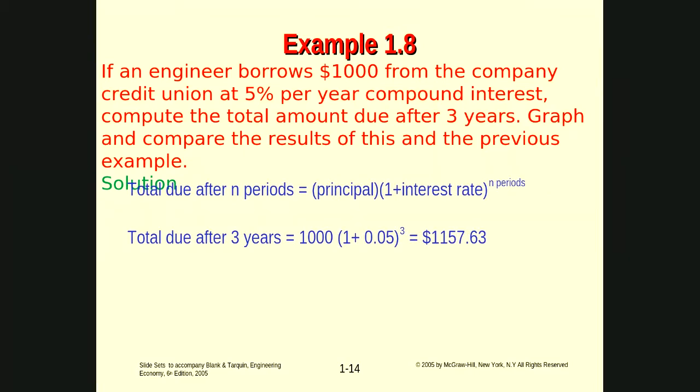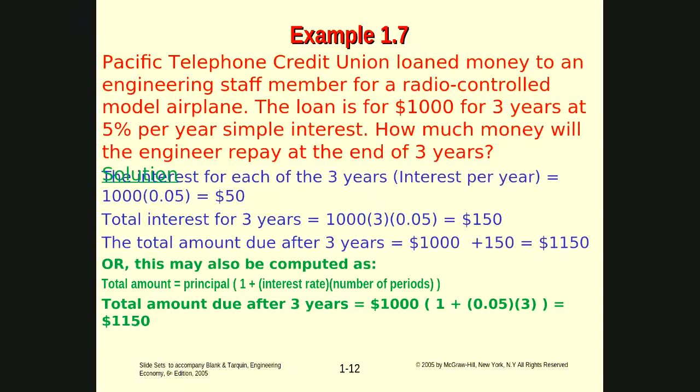When you apply the formula, the principal is the 1000, the interest rate is 0.05, to the power n periods, which is to the power 3, and it gives you 1157, where it was 1150. This is for a 1000, and the difference between them was 7.